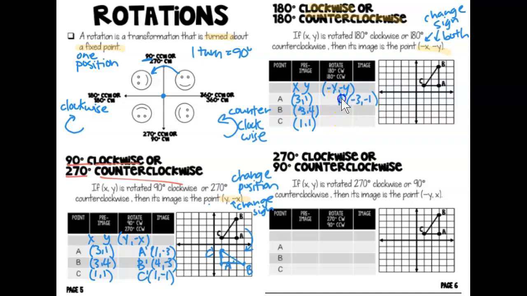That is A prime, B prime: opposite of x, negative 3, opposite of y, negative 4, and finally C prime, opposite of x, opposite of y, negative 1, negative 1. So (-3, -1) here, (-3, -4), and (-1, -1) here.